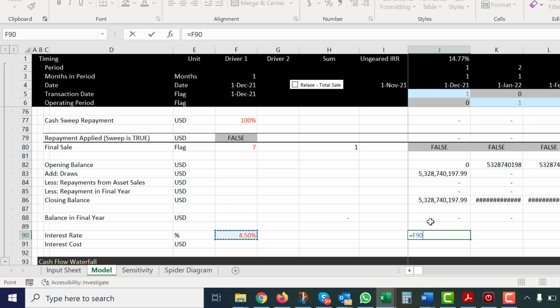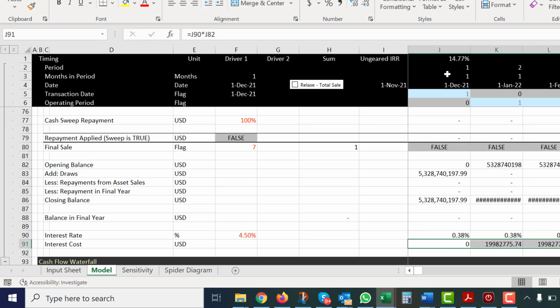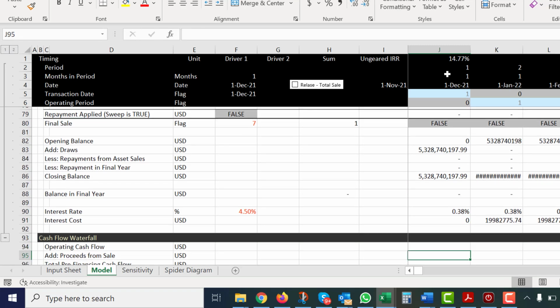So we put the 4.5% interest rate, and let's divide it by 12 and multiply it by how many periods we have in the year. Shift Control P, and then we take our interest and use the opening balance, which is very correct because we don't have anything in that first transaction year. And then we have everything done.